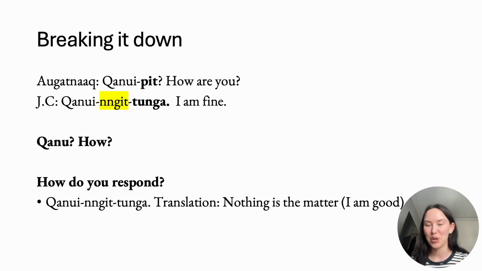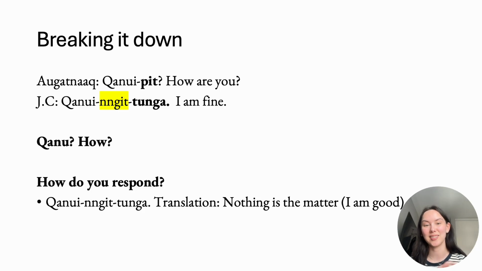So the main question, this is something you'll probably get asked a lot, is Kanuit beat. So Kano is how. Kanuit beat is how are you. And so the ngit in Kanuingitunga, which is the response, might seem a little bit complicated. Like, why is there a not when I'm saying I'm fine?